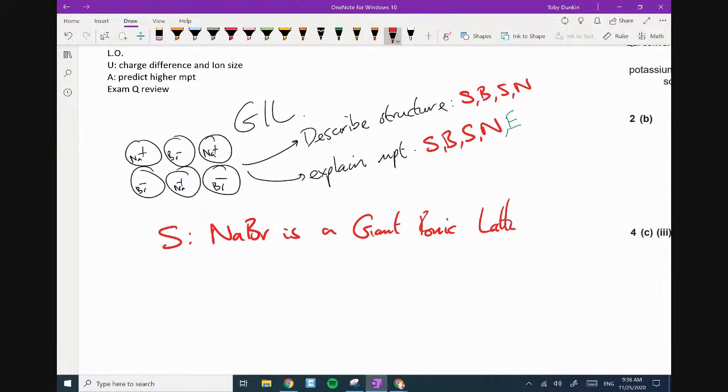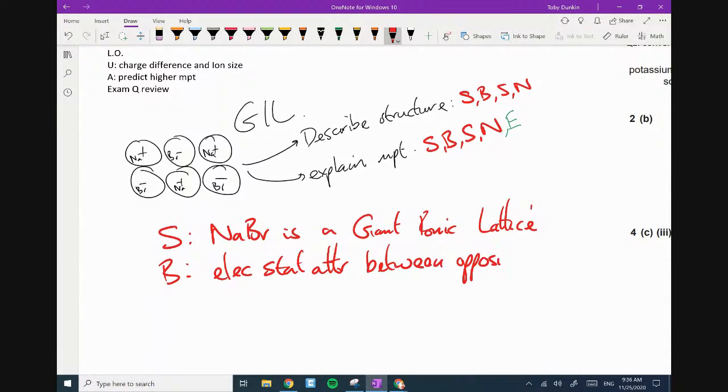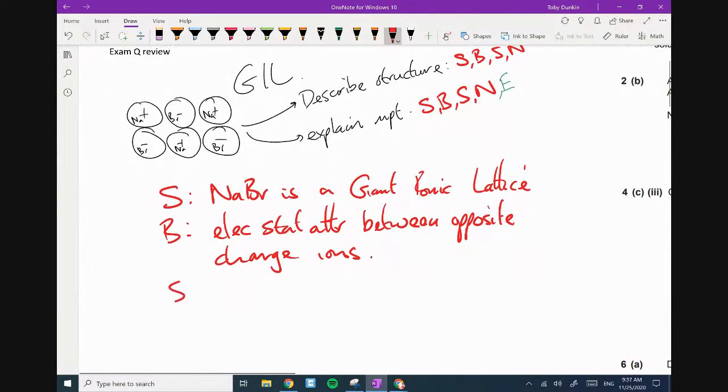Then we go bonds. It's the electrostatic attraction between oppositely charged ions. And then we say strength. This attraction is very strong.